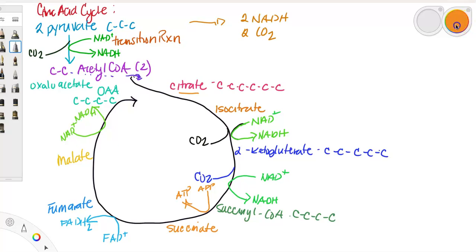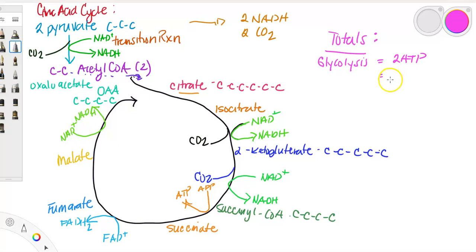Okay, so in the citric acid cycle, let's just look at totals here. Let's look at the grand total. In glycolysis, we got 2 ATP, and we got 2 NADH.